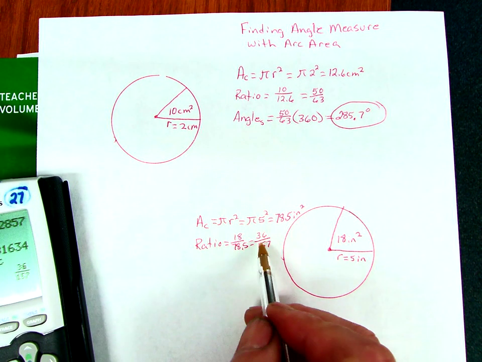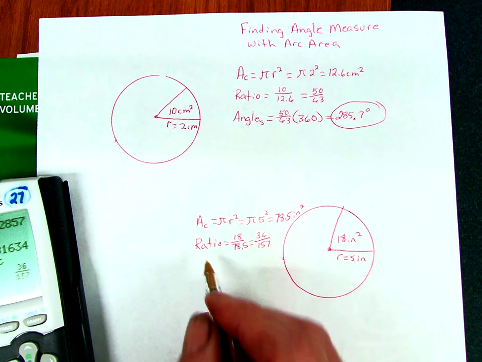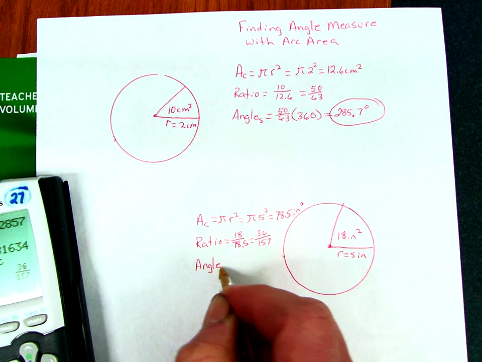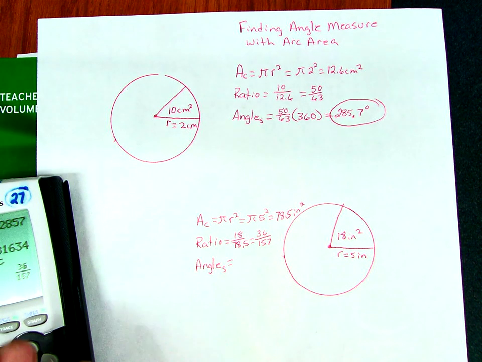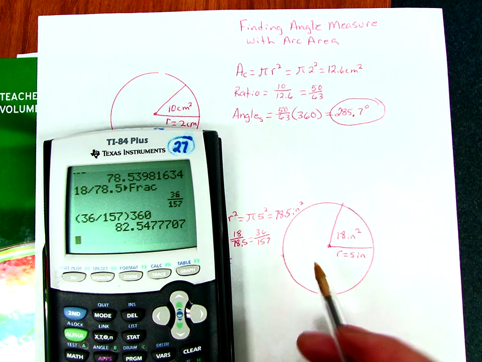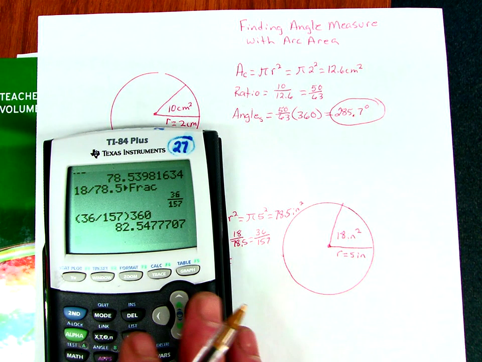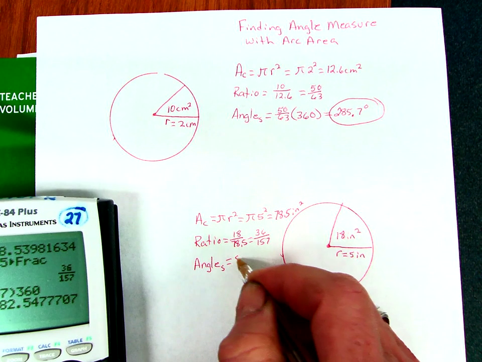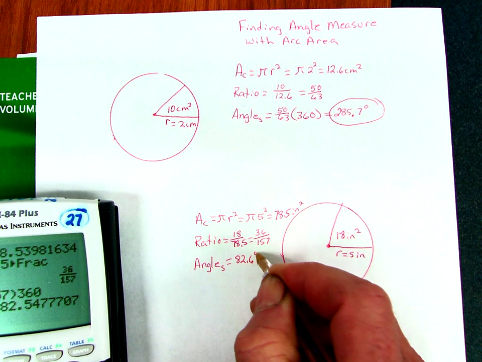Our angle is going to be 360 times that ratio. So the angle of the sector equals 36 divided by 157 times 360. 82.55, so we'll call that 82.6 degrees.